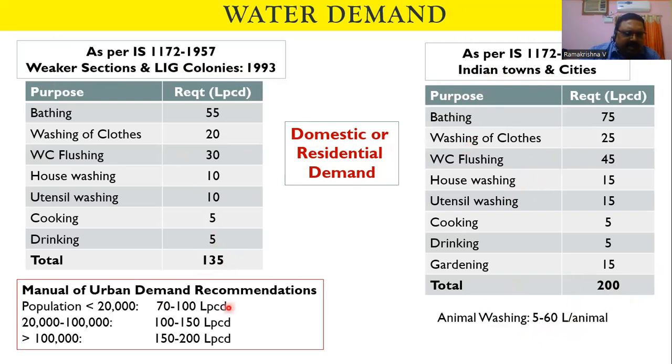And the Ministry of Urban Development has also given some recommendations based on population. Less than 20,000 is 70 to 100, and greater than 1 lakh, 150 to 200 LPCD. So lesser population means less availability of utilities, and that's why the water requirement is also slightly lesser. This is how the assumption has been taken care of.